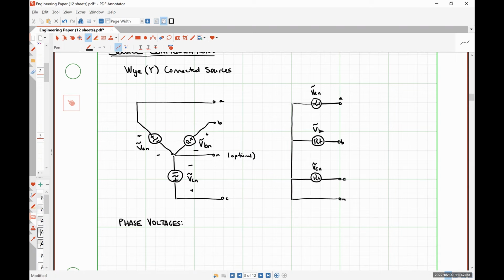A phase voltage represents the voltage drop over one phase of a source or a load.